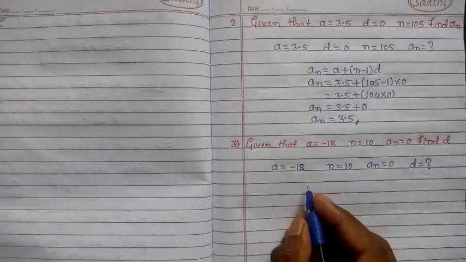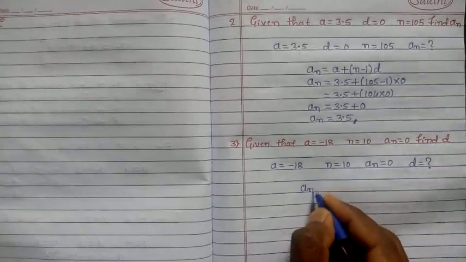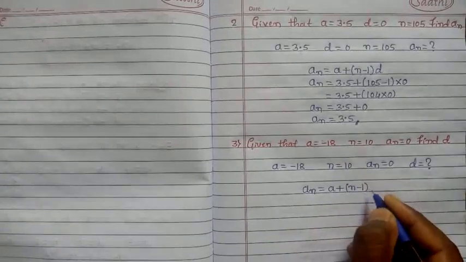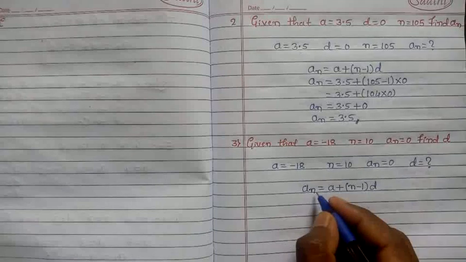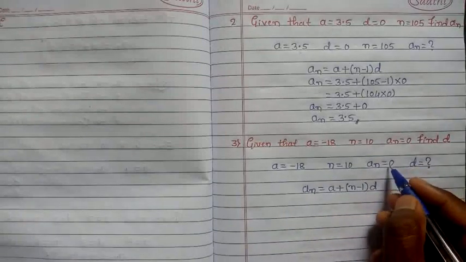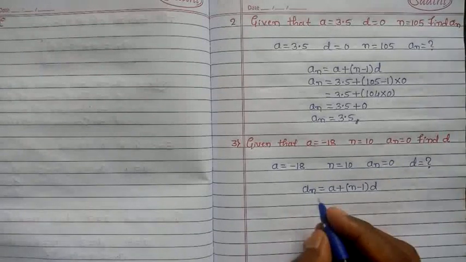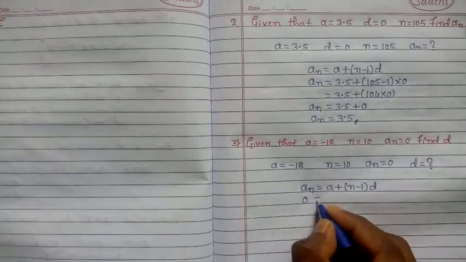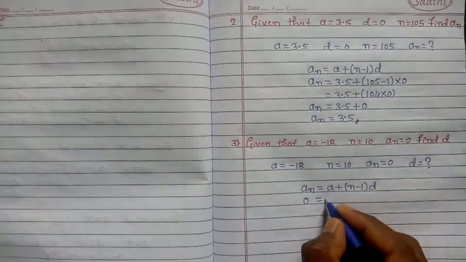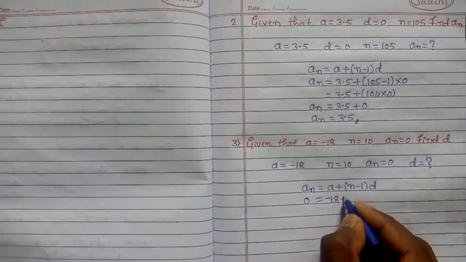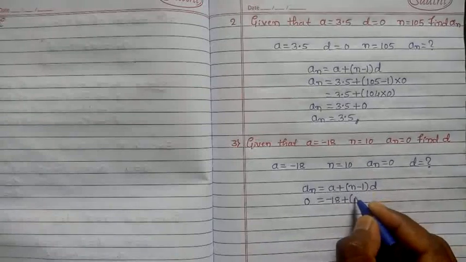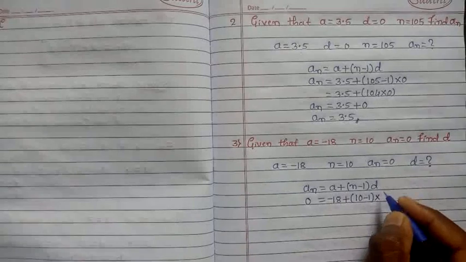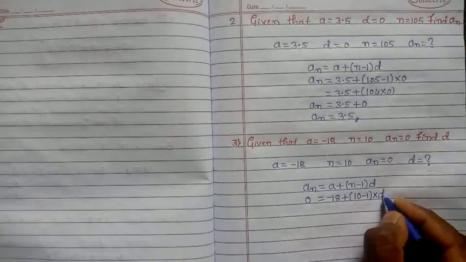Here we know that an is equal to a plus n minus 1 into d. The value of an is given as 0, so in place of an we write 0 is equal to the value of a, minus 18, plus the value of n, 10, minus 1, into d. Here we don't know the value of d.